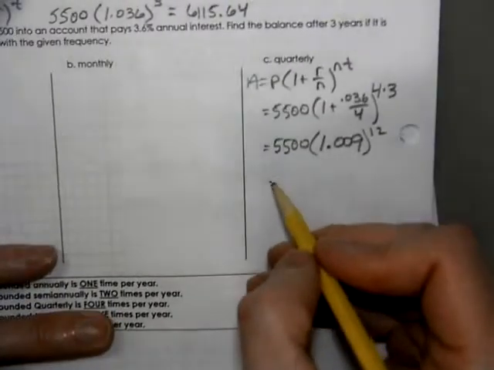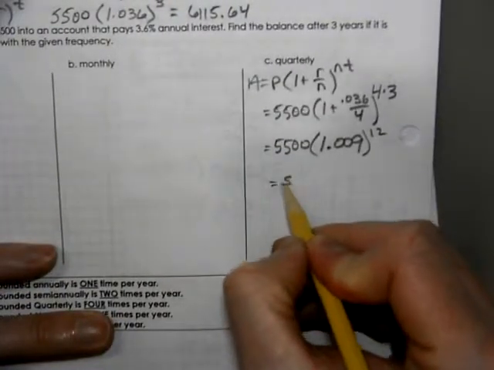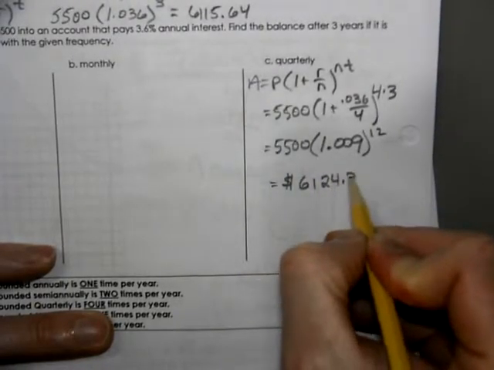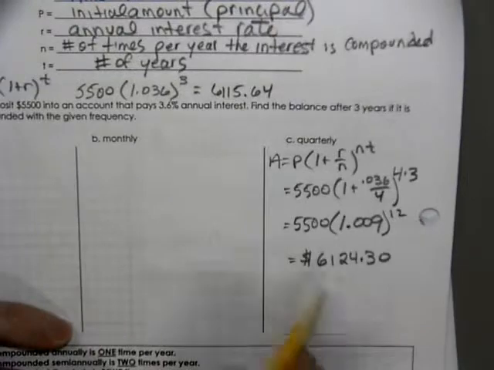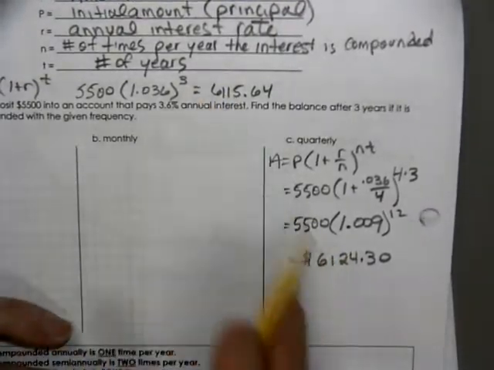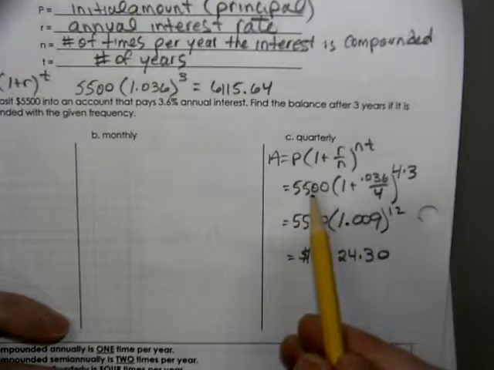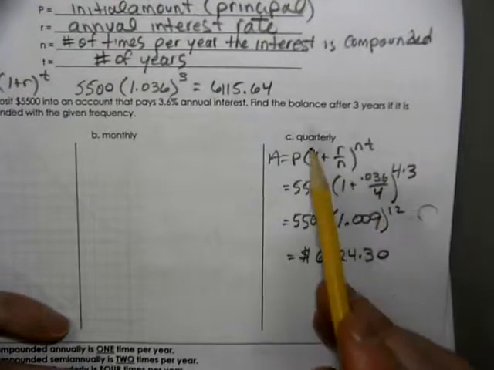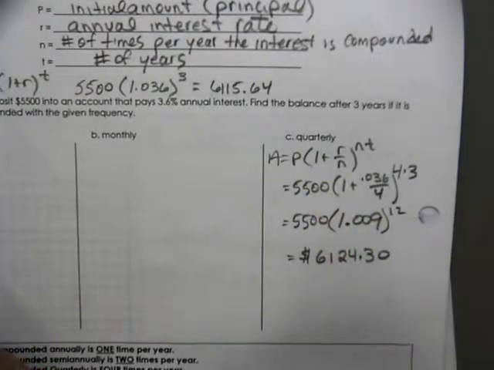And the amount that you would have at the end here is $6,124.30. Notice how that is greater than $6,115. It went up. The amount stayed the same in the beginning. The interest rate stayed the same, but how they compounded it was different.